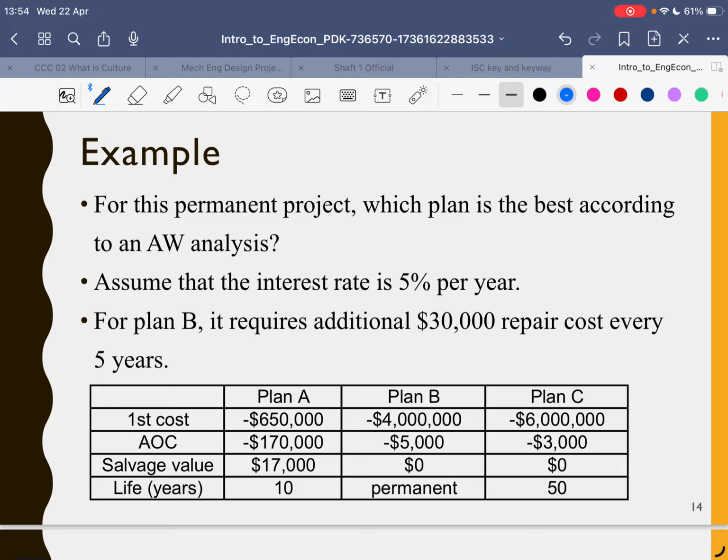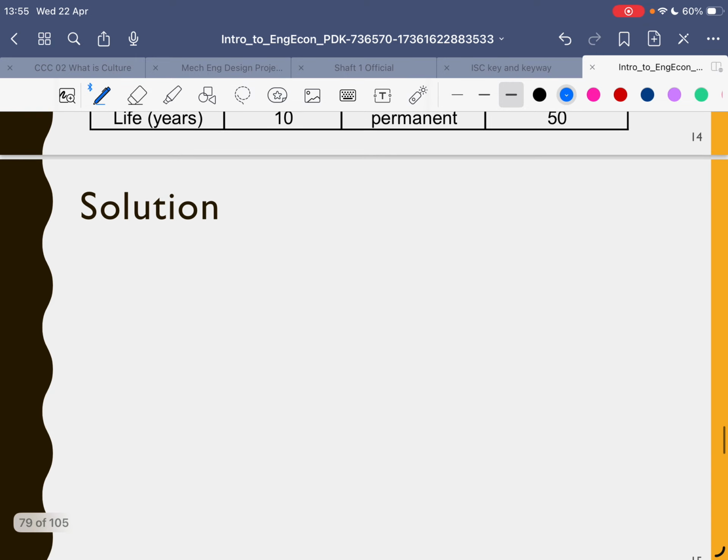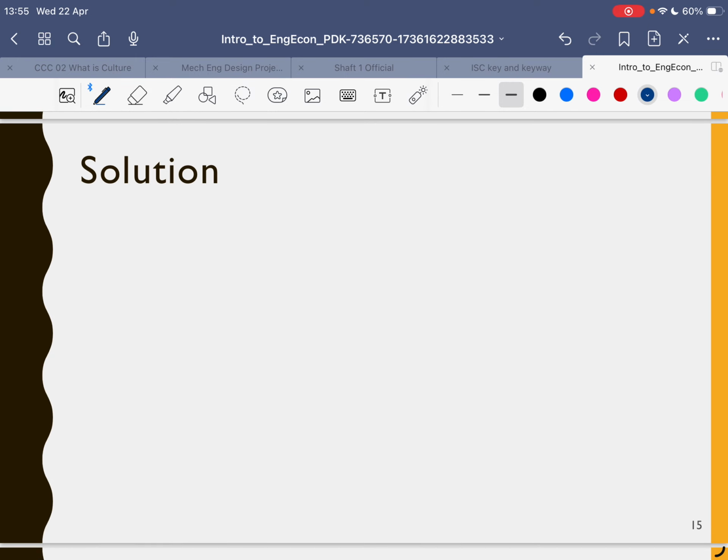So as usual, we will draw a cash flow diagram first. Plan A: you have this cash flow diagram from year 0, year 1, until year 10.